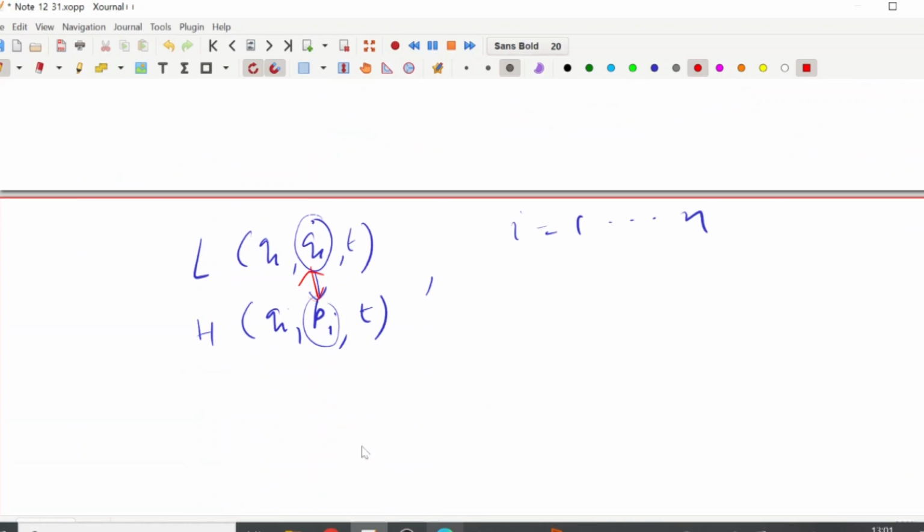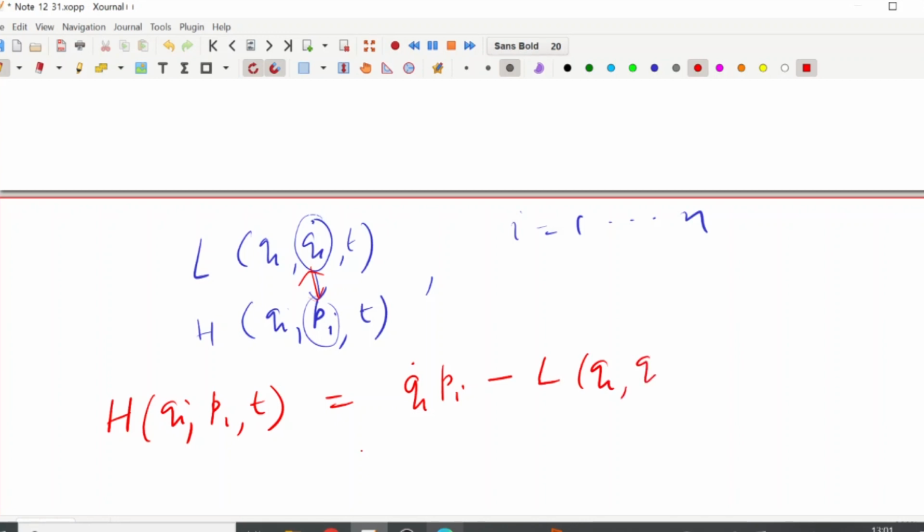So, what will be the Legendre transformation to construct the Hamiltonian? It is supposed to be a function of q_i, p_i and t. Let me write this first. So, q_i dot and p_i are being interchanged. So, minus L(q_i, q_i dot, t).